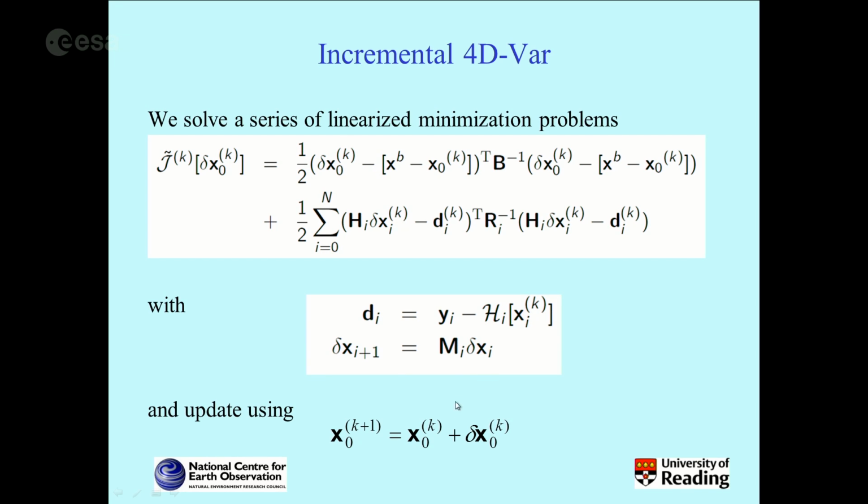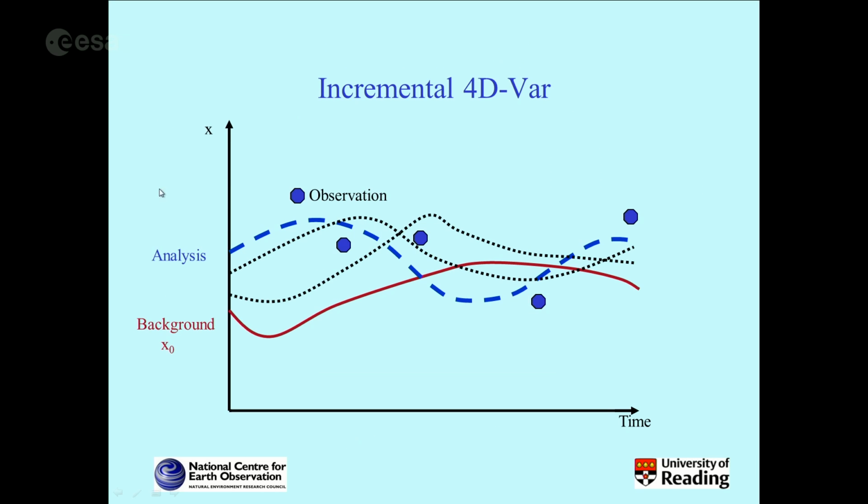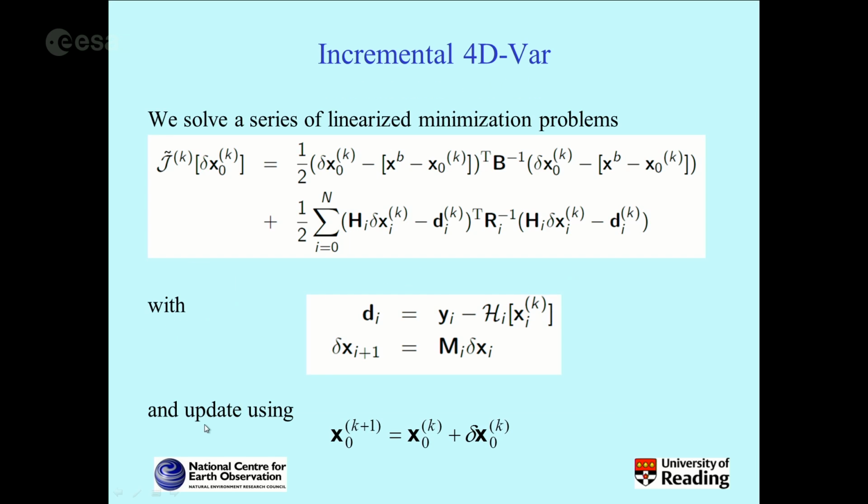This is subject to the fact that these delta x's now satisfy, instead of our nonlinear model, the linearization of our model. Once we've found that delta x, we add it on at the start, and we can run the nonlinear model again to get a new trajectory, as in the previous picture, and repeat the whole process. Each time we do one of these black curves is called an outer loop, and the solution of this linear problem is called an inner loop.